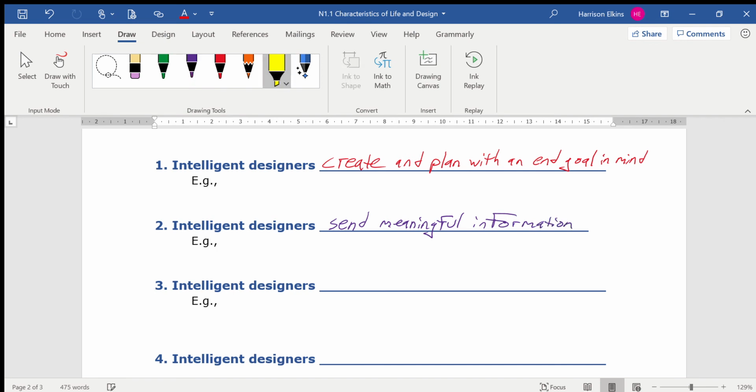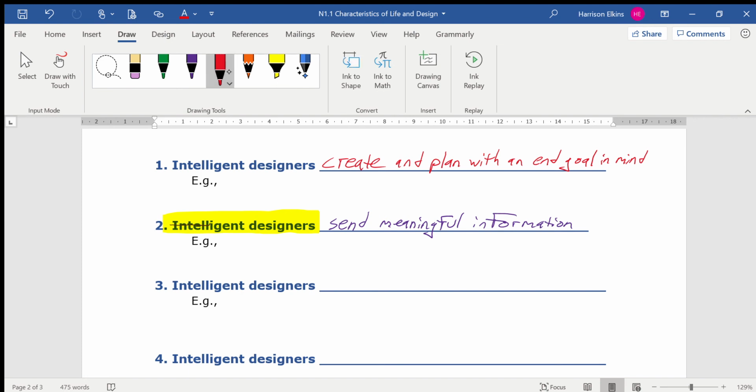Right now I'm sending a message to you because I am writing with letters and words. I created and designed this worksheet, and I'm giving information to you by writing these out. So if there is an intelligent designer, and if there's a God who created life, we should be able to see information in life. We'll draw back on these throughout the year.